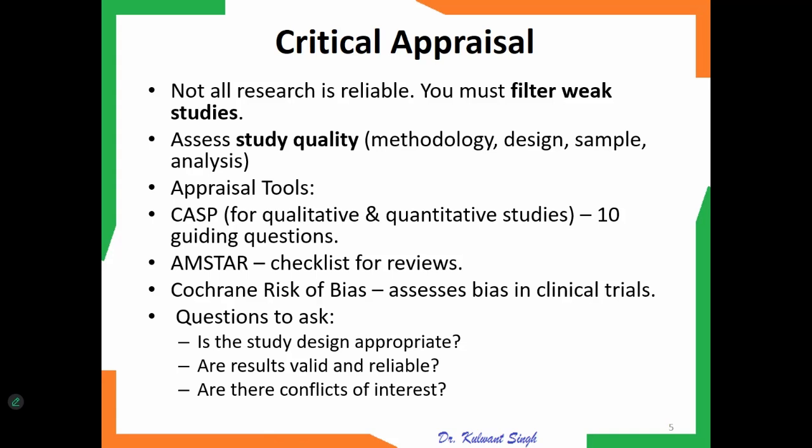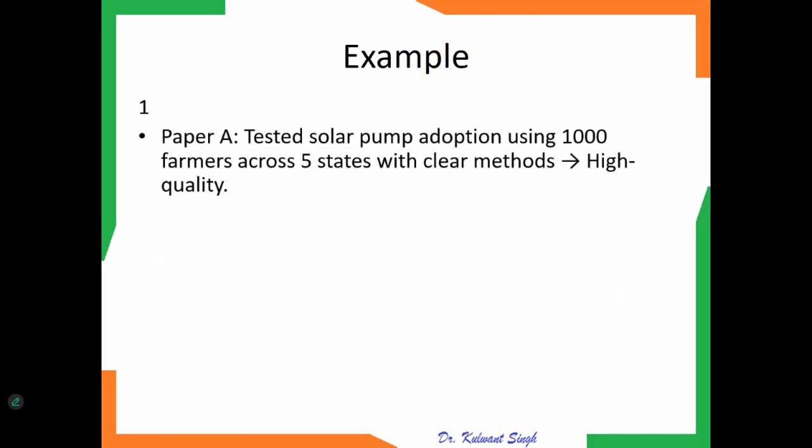Are the results valid and reliable? Is there a conflict of interest? Yes or no? This critical appraisal will strengthen our evidence in the SLR. Overall, it will add some credit to our paper, and we will also add all these things in our methodology part.